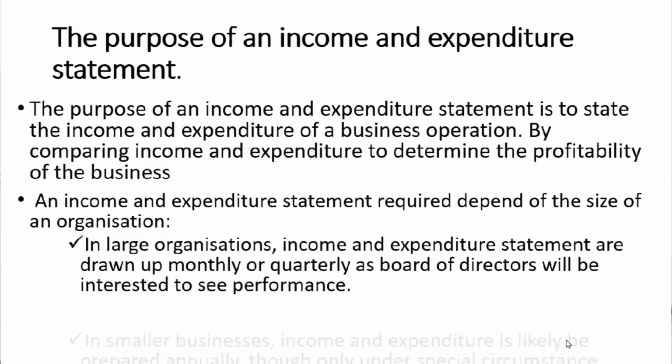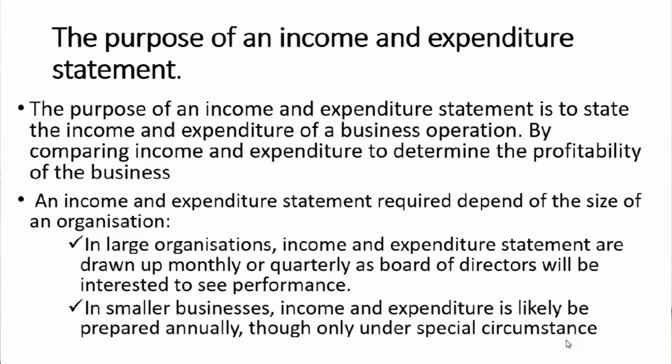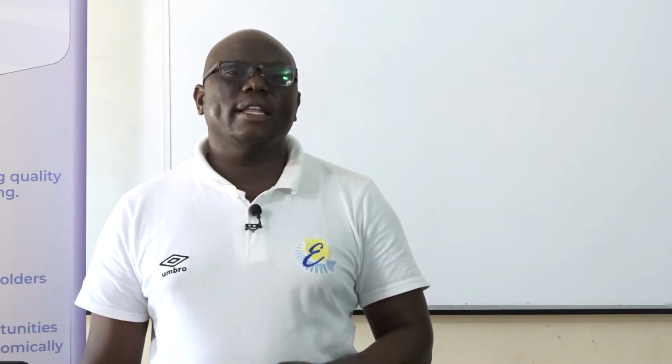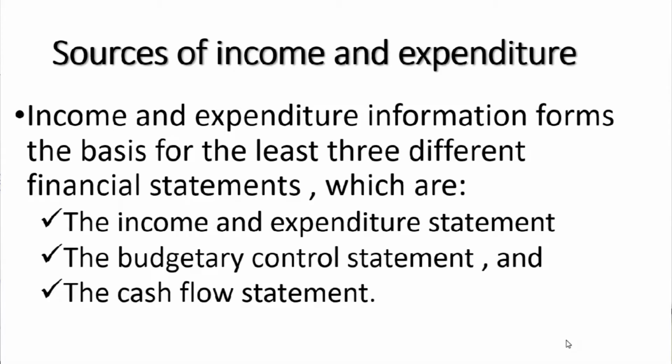In small businesses, the income and expenditure statement is likely to be prepared annually, only under certain circumstances can it be prepared monthly, where it is needed, perhaps by the South African Revenue Service or another institution that may have an interest in the income and expenditure of the business.